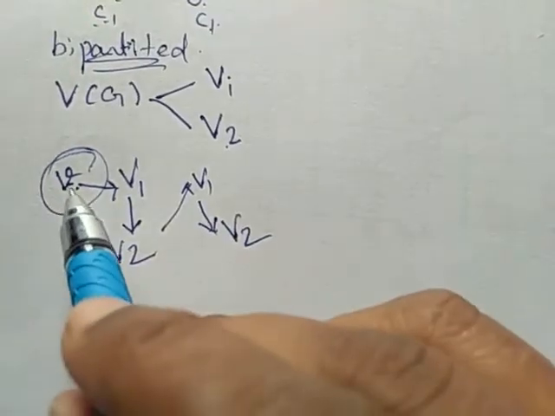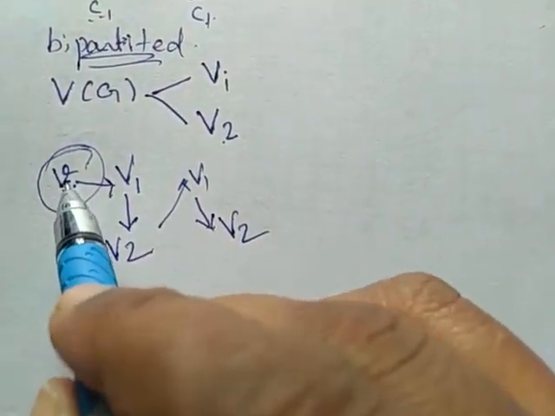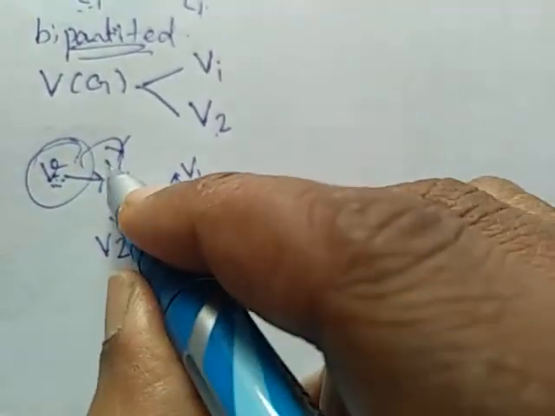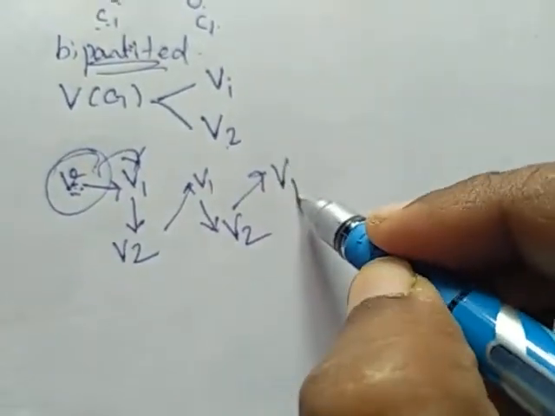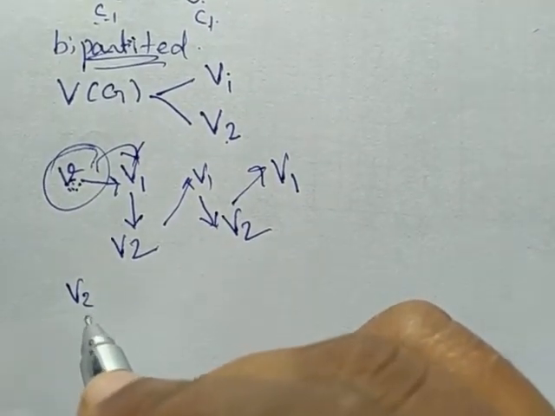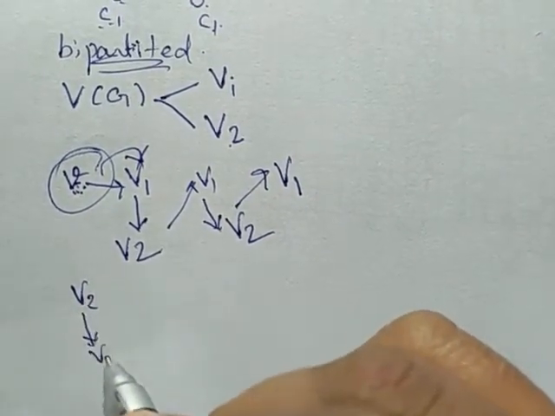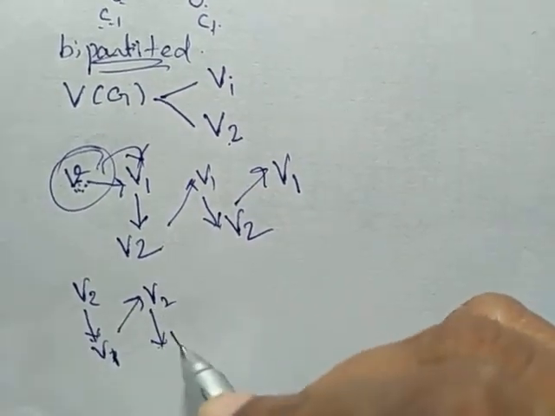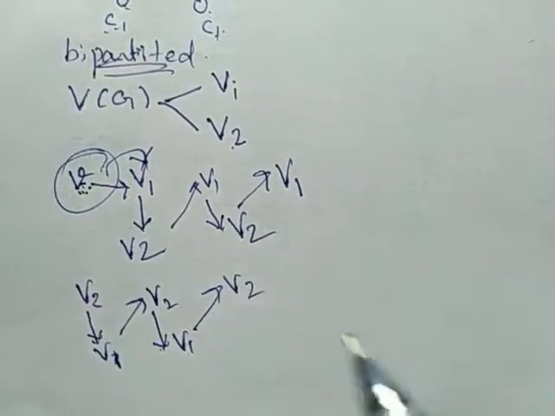Again, it should stop at V itself. Suppose V belongs to V1, the cycle starts from V1 and it should end with V1. Suppose V belongs to V2, it should start from V2, then again it should finish with V2. Then only the cycle will be completed.